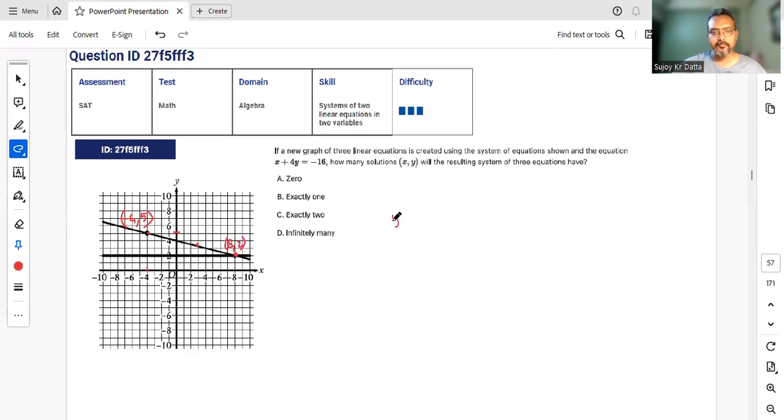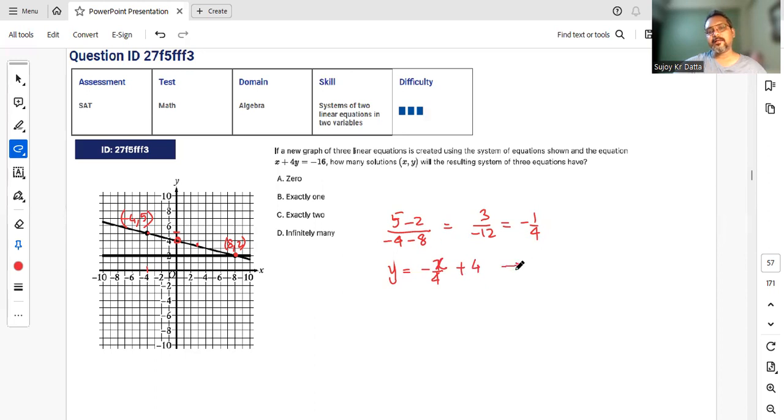So what's the slope? 5 minus 2 upon -4 minus 8. So that is 3 over -12. So that's -1/4. And the y-intercept is 4, right? So that means your equation is y equals -1 over 4x plus 4.